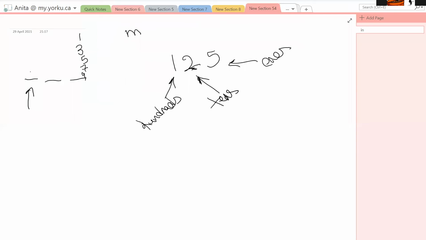So basically this number equals the product of this number and the ones. We don't know which one it is, we just know one of them is the number we're looking for.